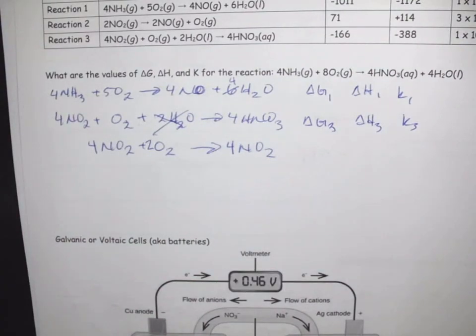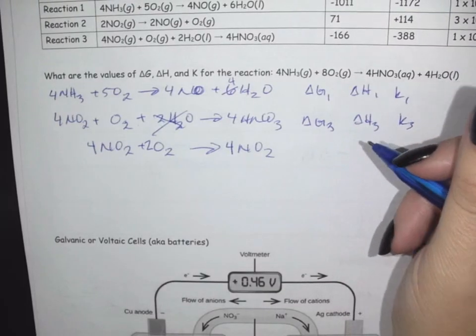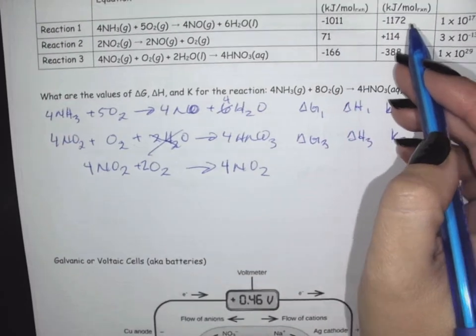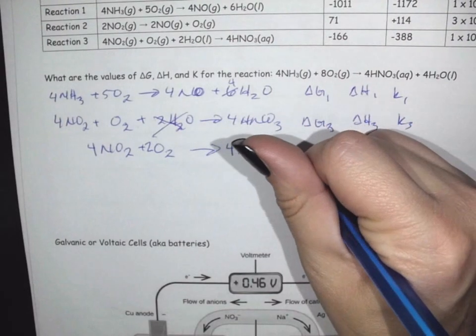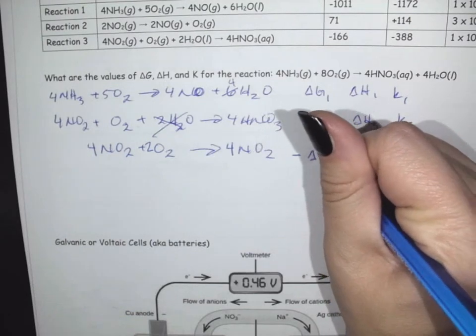Now we did 2 things. We doubled the reaction and we flipped it. So delta G's are the same as delta H's. If you flip a reaction, you make it negative, so negative delta G2.